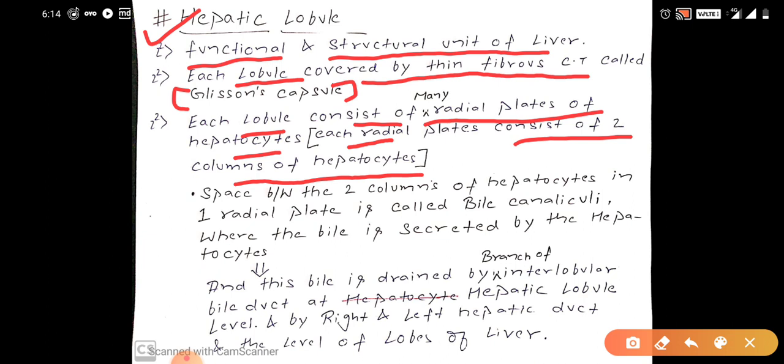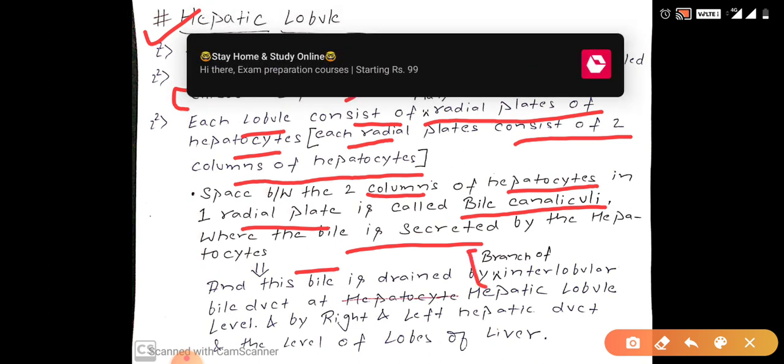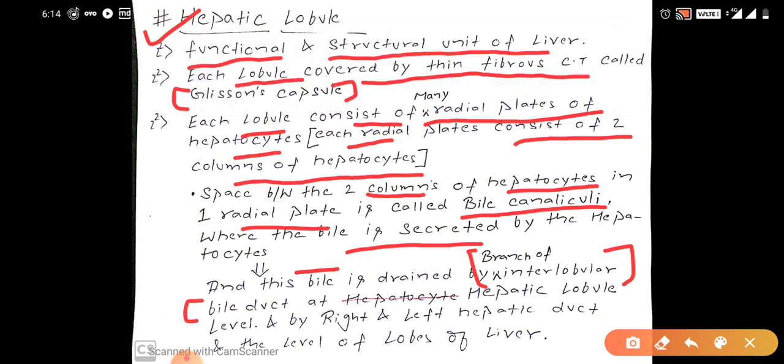Now the space between these two columns, means inside the spoke, not between this spoke, inside the spoke, space between the two columns of hepatocytes in one radial plate is called bile canaliculi, where the bile is secreted, and this bile is drained by branch of interlobular bile duct at hepatic lobule level.